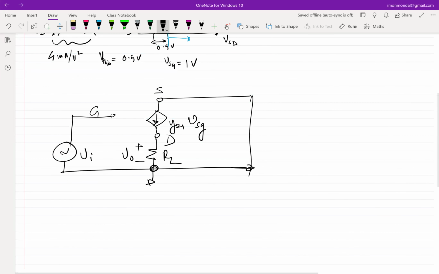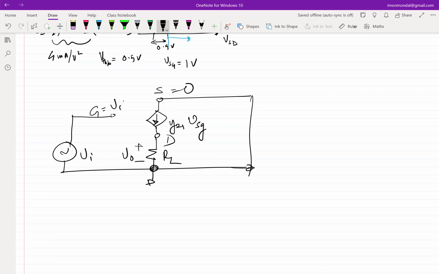So VSG is what? VSG is, in this case, minus VI, right? So the source is grounded, right? Source is 0, gate is VI. So VSG is minus VI.